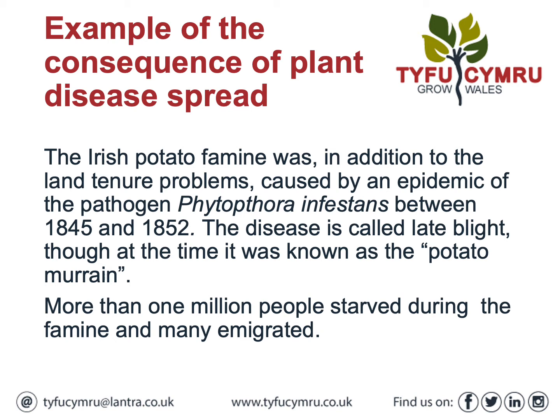There were other problems to do with land tenure involved in making the potato famine worse, but that disease, known as late blight, although at the time it was known as the potato murrain, was extremely important in causing that awful Irish potato famine.